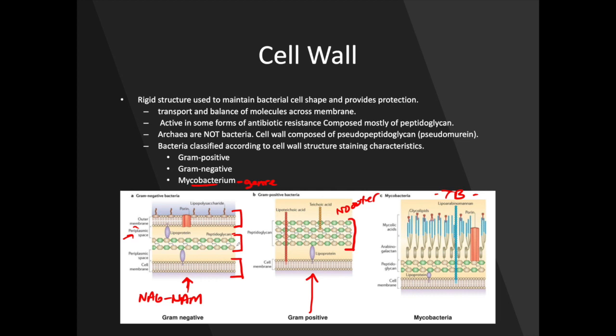Then we have the space underneath and the cell membrane. So gram-negatives have a sandwich-like structure, a very thin cell wall in between two lipid layers, and gram-positive organisms have a super thick, really strong cell wall with only a single cell membrane.